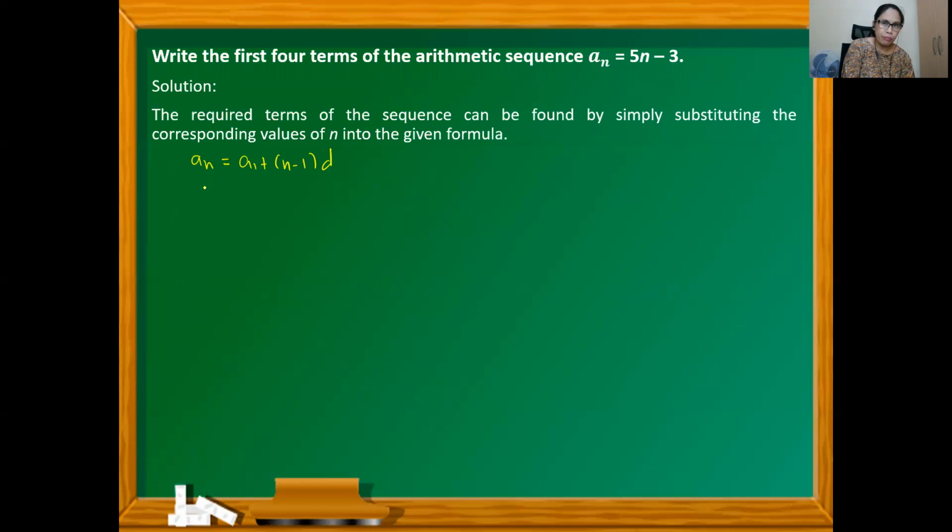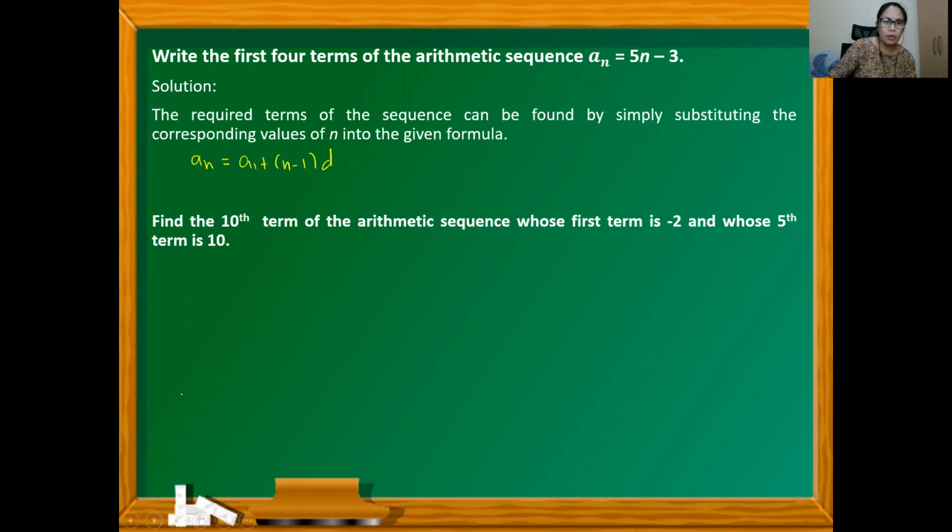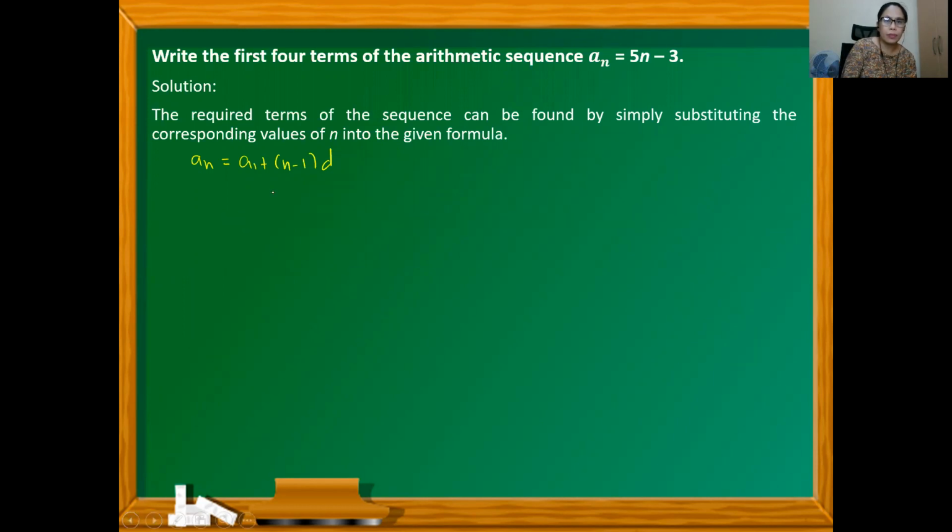So we have a sub 1 equals 5 times 1 minus 3.